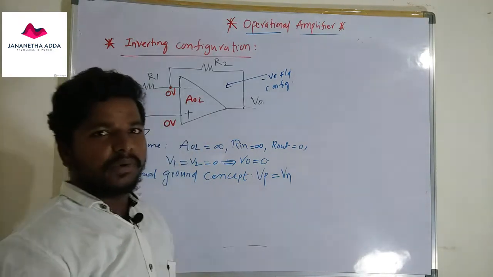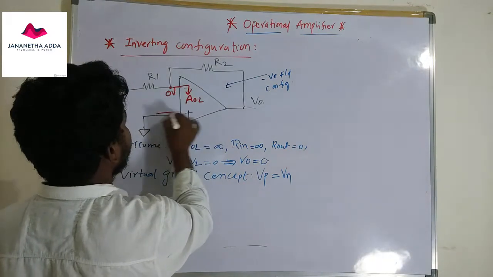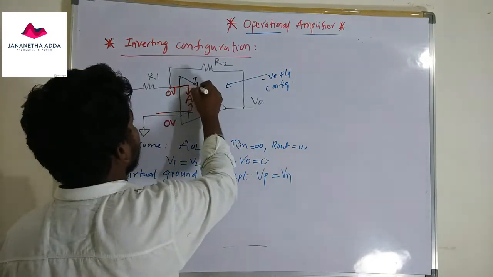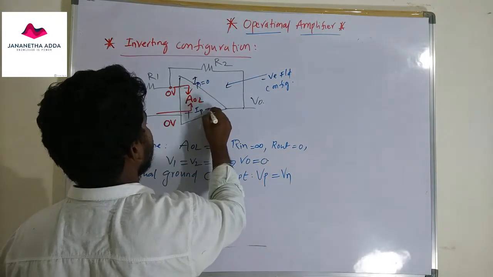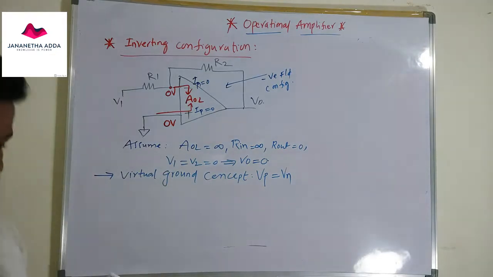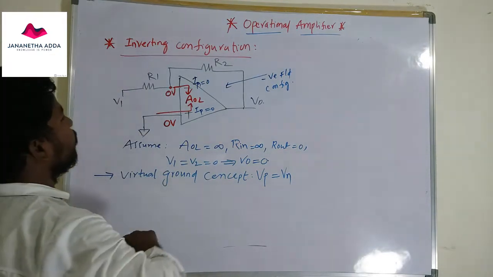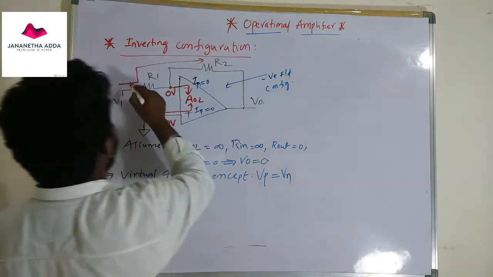So because the operational amplifier is ideal, the current flowing inside the operational amplifier will be 0, where IN equal to 0 and IP equal to 0, and only because of the feedback resistance, the only current flowing into the operational amplifier will be the current flowing through R1, which will be equal to that through R2.